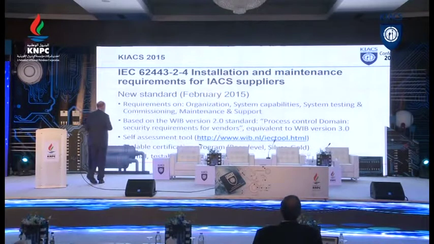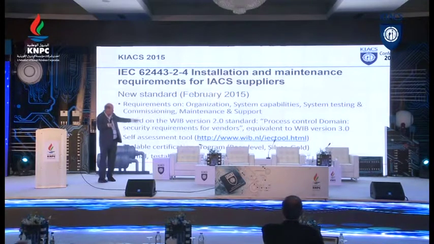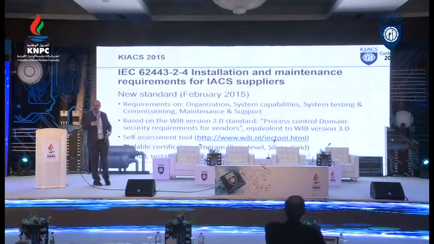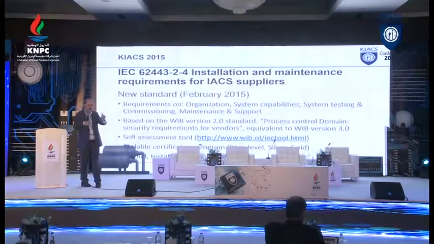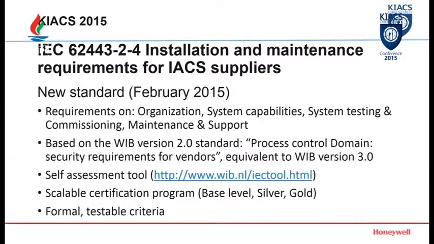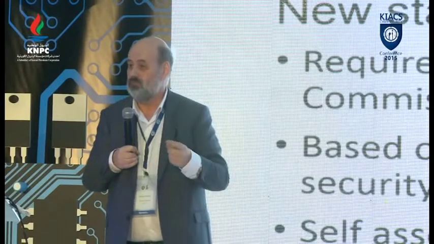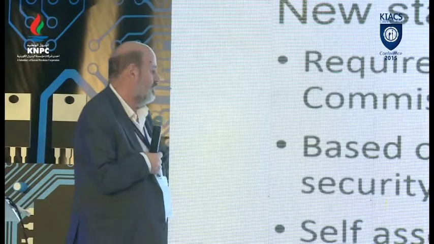How does this work? Well, you have all these requirements, and you can do that on the URL I show you there, www.wib.nl, where there is a kind of self-assessment tool. As a vendor, you can log in there and start answering questions, and in the end, you're told which level you have.